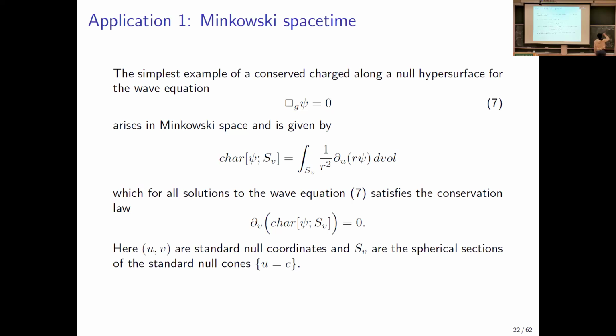It's telling you that if you move in the outgoing direction, this transversal derivative, this du derivative of r psi, is conserved. The wave equation itself in Minkowski gives you a conservation law immediately.